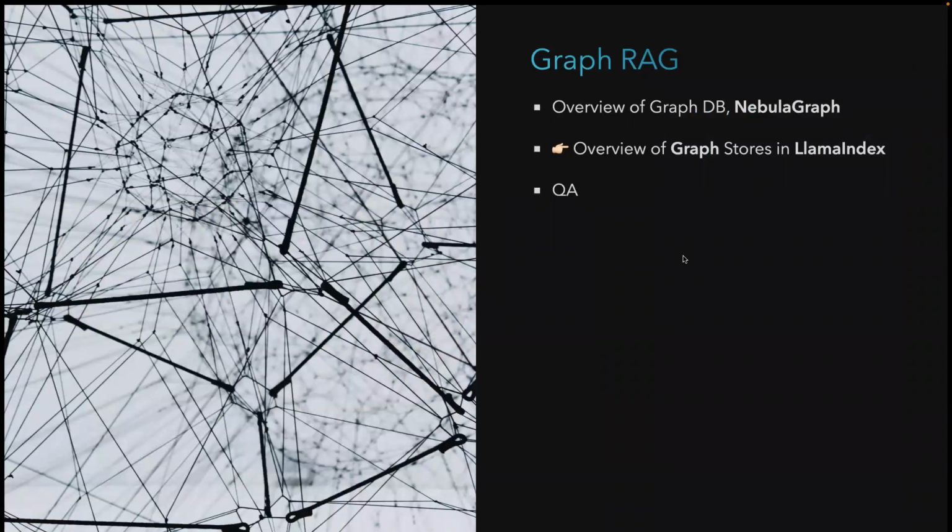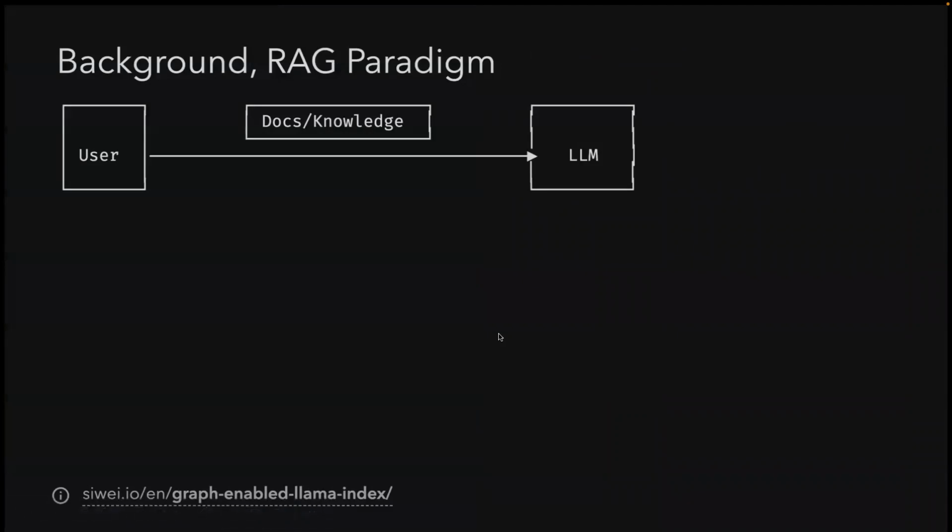The story started from the graph stores in LlamaIndex. One background is called RAG, the main topic that we want to cover today. The basic flow of the retrieval augmented generation process is we want to ask the language model to help us finish some sort of task based on some existing data that the model wasn't trained on.